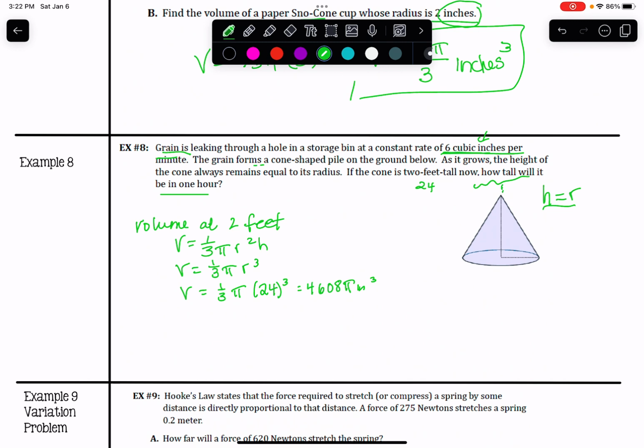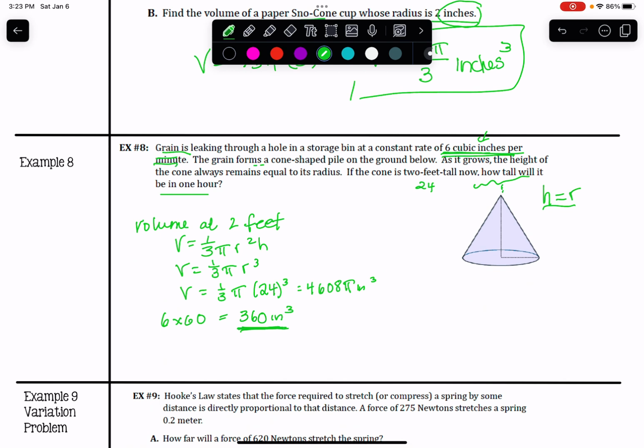So we would do 6 times 60, which is 360 inches cubed. That's how much is coming in, or leaking at. So for an hour, you would have 360 inches cubed because it's 6 cubic inches per minute, so 60 minutes.